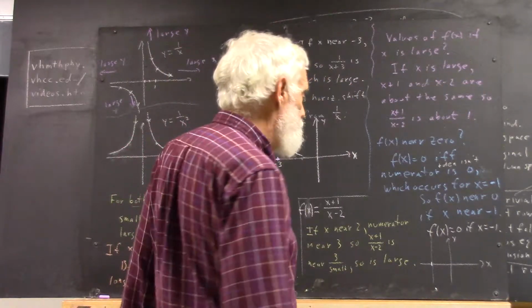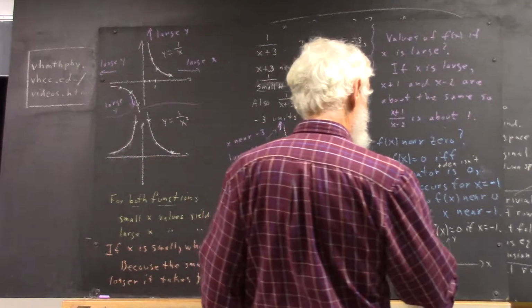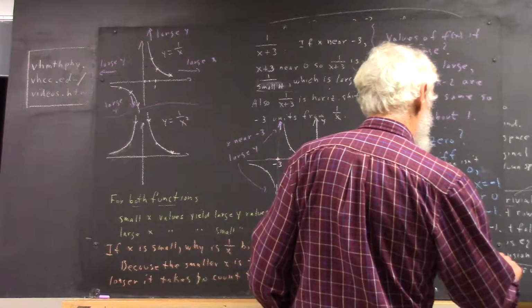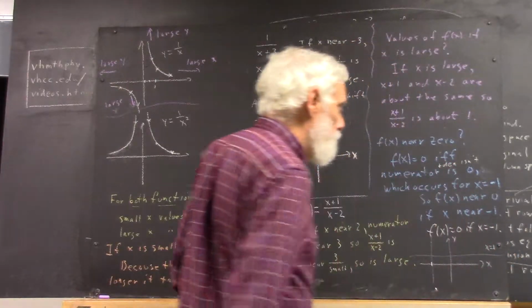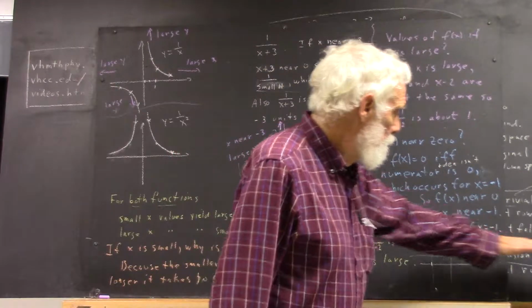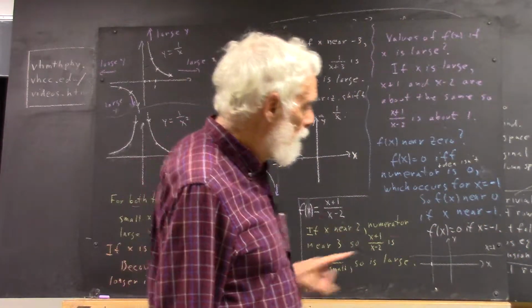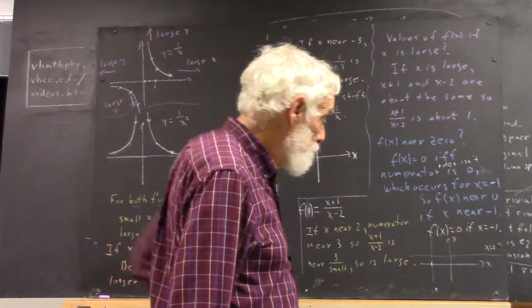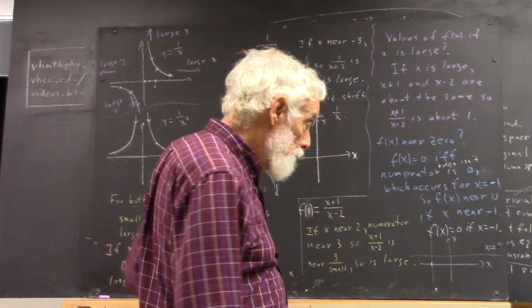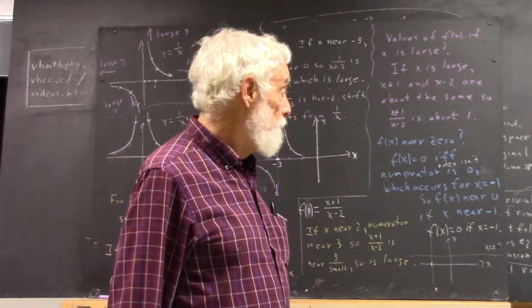When x gets really large, the value of f of x approaches 1. So we've got this horizontal line, y equals 1. When x gets really big, the graph has to get close to this line, and when x gets really big in the other direction, the graph's going to get close to this line.